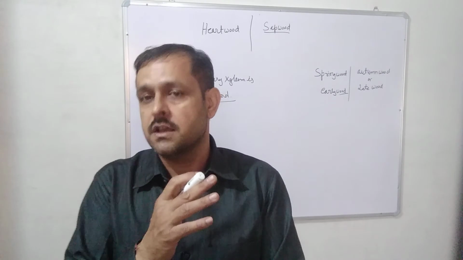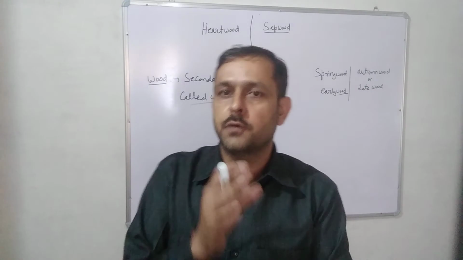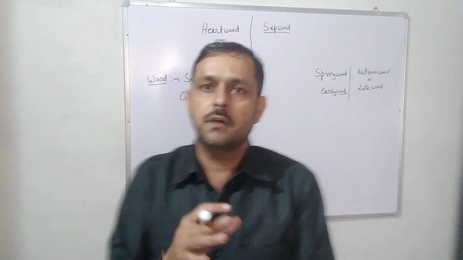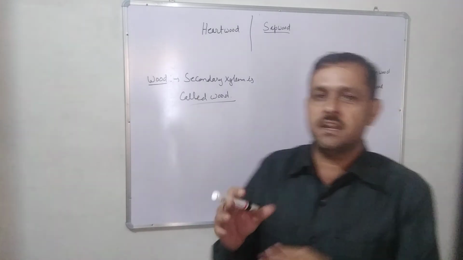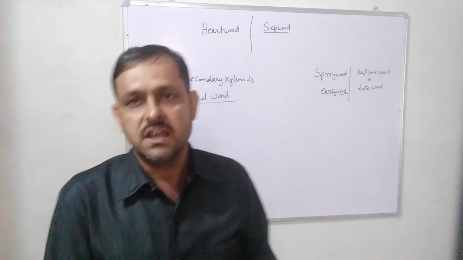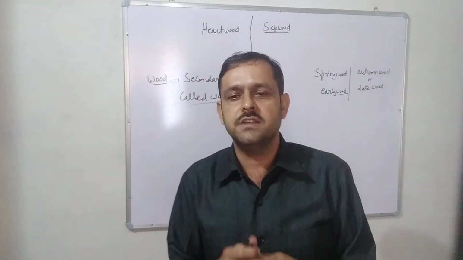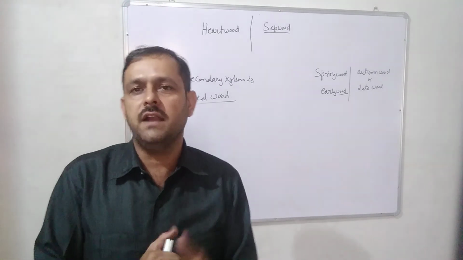These substances protect the wood from microorganisms and insects. So these materials, tannin, resin, gum, aromatic substances, provide protection, and it is hard and durable and resistant to microorganisms and insects.